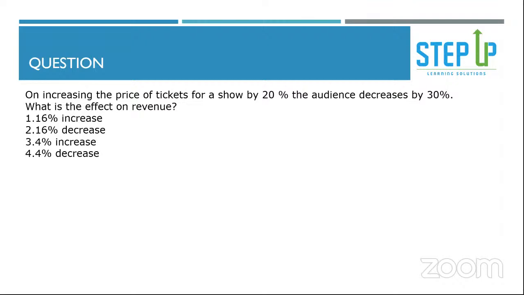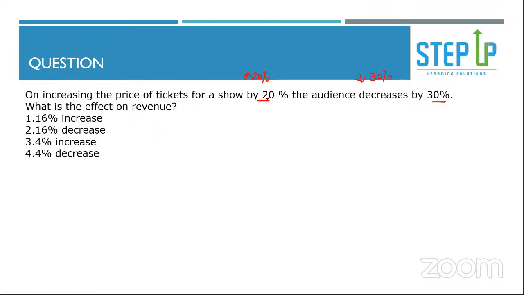Okay, so on increasing the price of ticket for a show by 20%, the audience decreased by 30%. So increase by 20%, you can write it as 120 by 100, or you can use that last thing also.